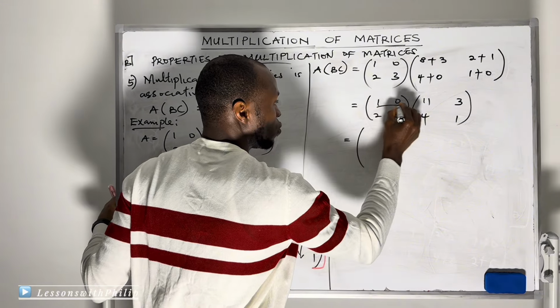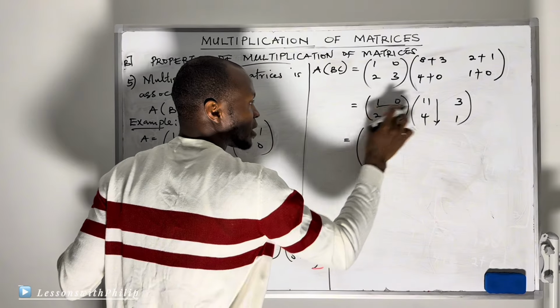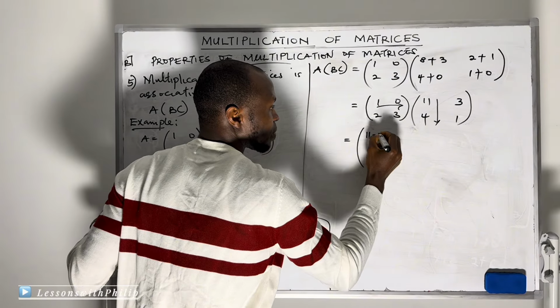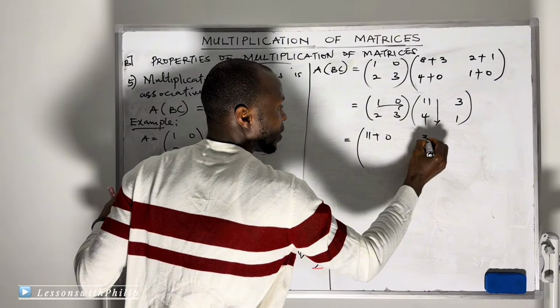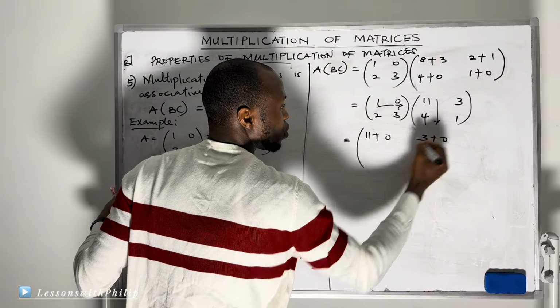Don't forget, the rows will multiply the columns. 1 times 11 gives 11, plus 0 times 4 is 0, 1 times 3 gives 3, and 0 times 1 gives 0.